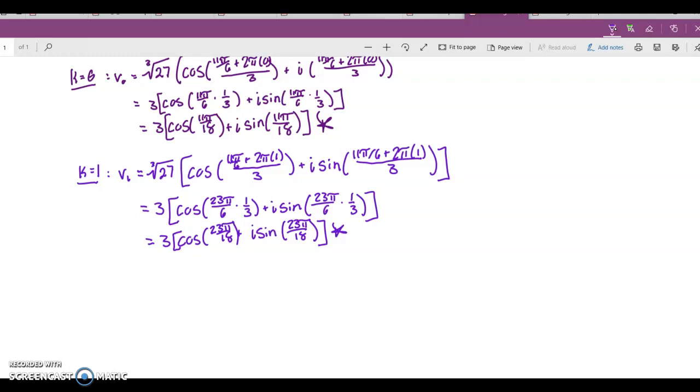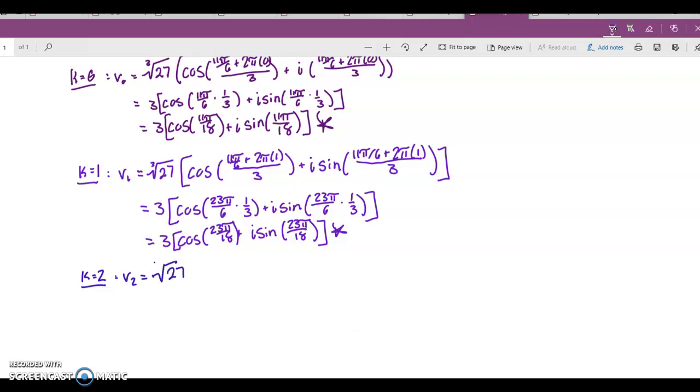Third root, last one, when k is equal to 2, v sub 2 is equal to, first I want you guys to pause the video, give this one a try, see if you can work this one out, and then press play. Alright, cool. Hopefully you did that.